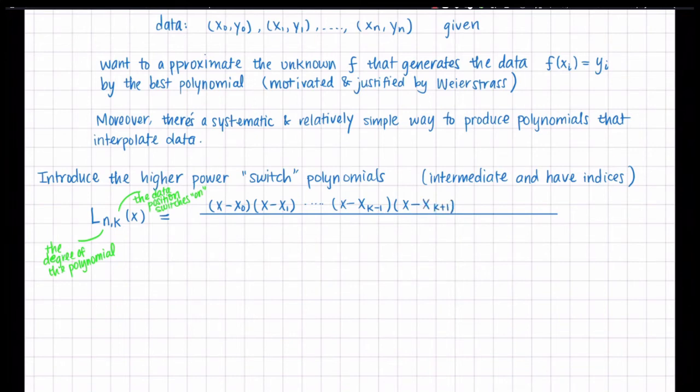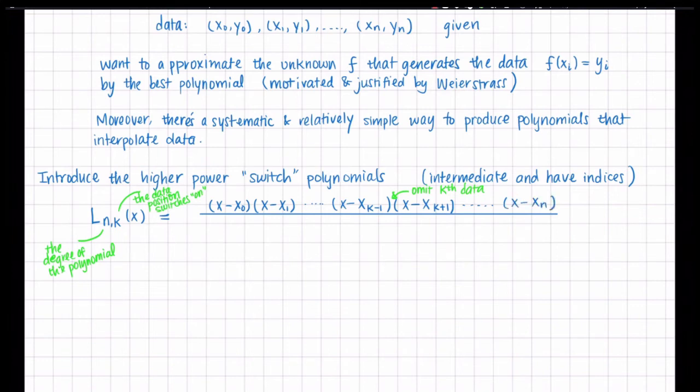So again, I've omitted the kth data point, or node. I'll introduce that terminology in a little bit. And I keep doing my product like that until I get to x minus xn.